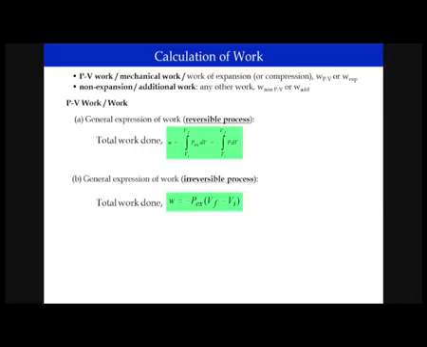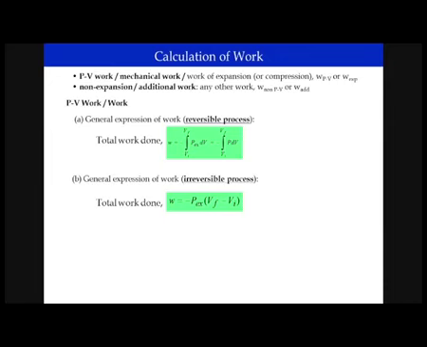We talked about how to calculate those in the last lecture. For a reversible process it is given by this expression, because P external is infinitesimally close to the pressure of the system. For an irreversible process we have the expression where W is minus Pex times the final volume minus the initial volume, where Pex is the external pressure.